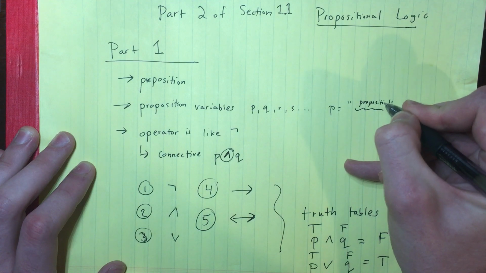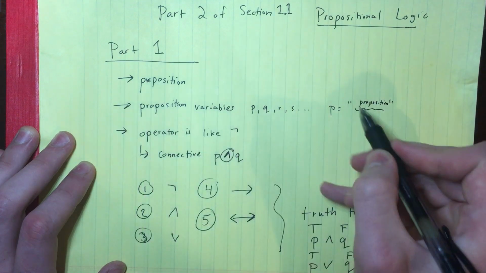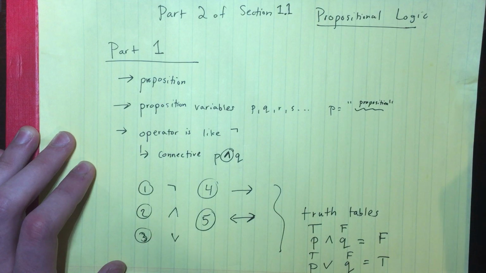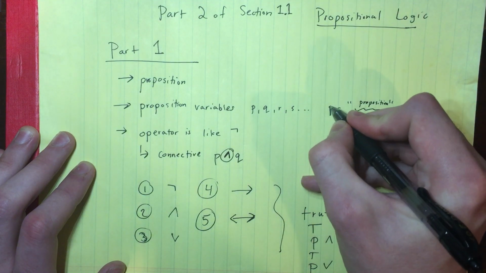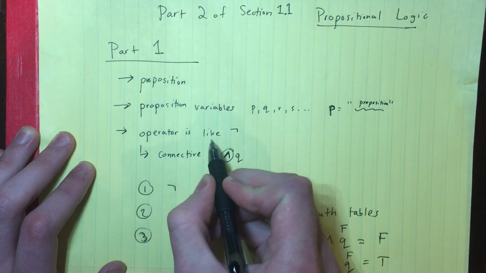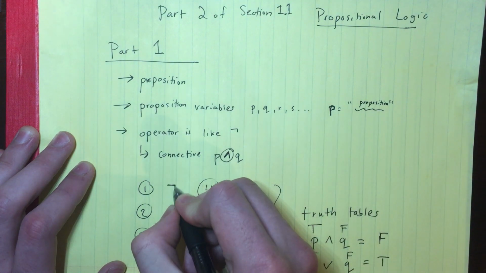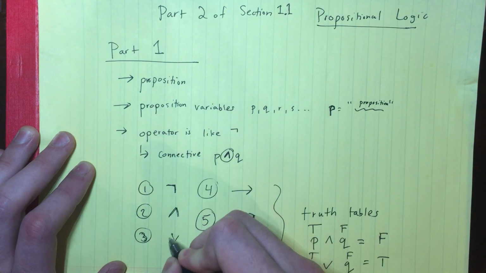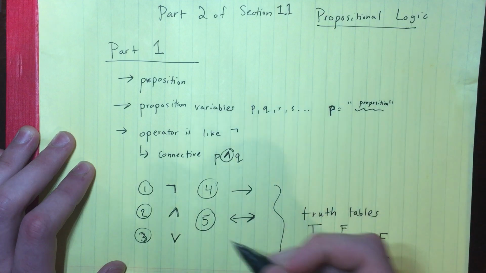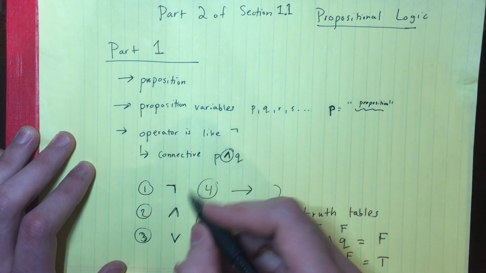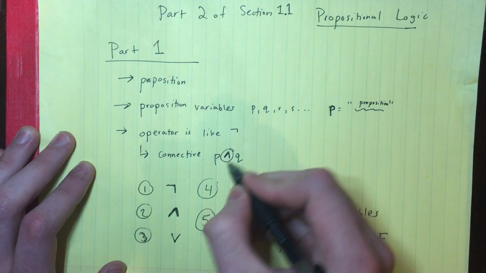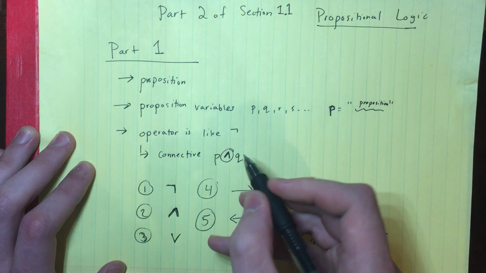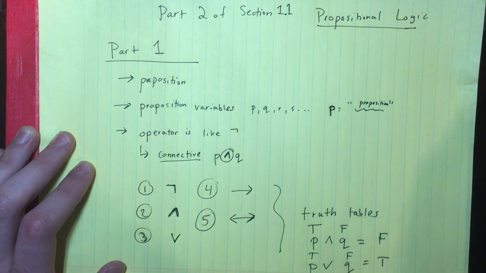These variables represent these propositions, and you use these variables when you're talking about operators like your not operator, your and, or operators. When an operator connects two different propositions, it's called a connective.